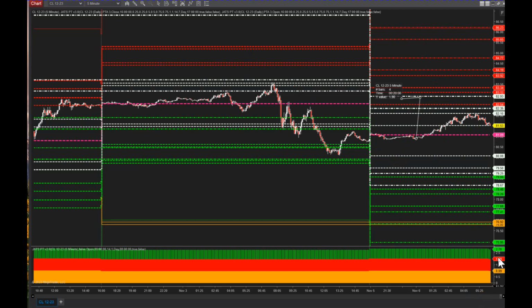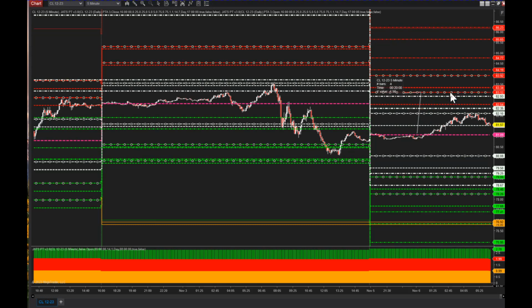$1.99 is the PT2 for the daily. So the $2 daily range for 68% of the distribution, and that's going from the mean to the 3. And going from the mean to the 3, you can see we hit this 2 standard deviation right here, 83.12.